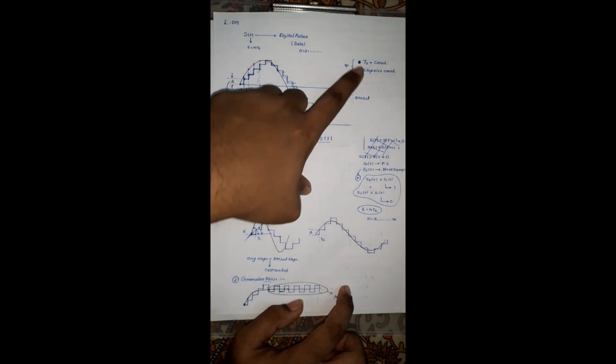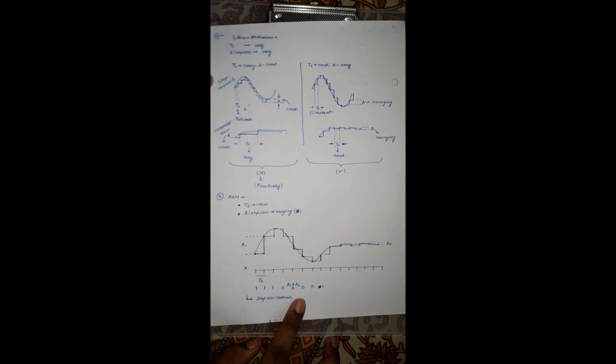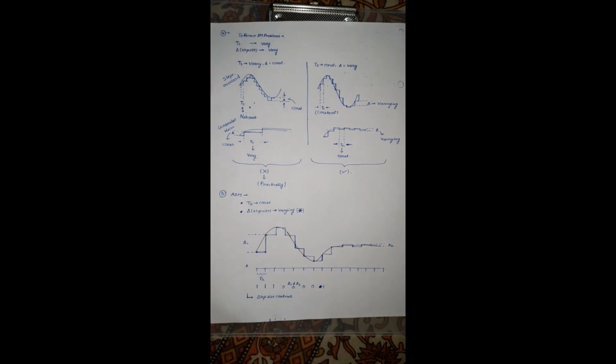That means these 2 system parameters were not being varied according to the variation of the signal, because it was not checking the variation actually. But for adaptive delta modulation, we will vary the system parameters, that is the TS as well as the step size, according to the variation of the signal.